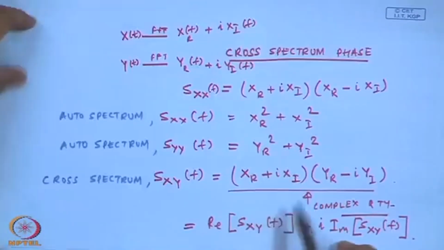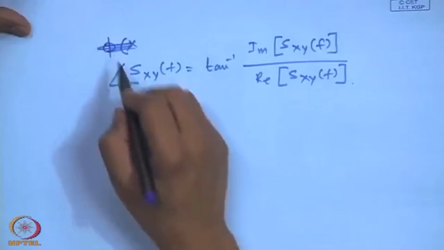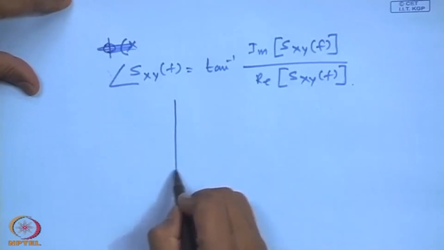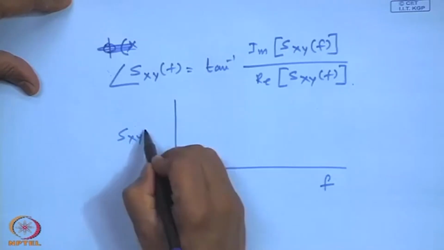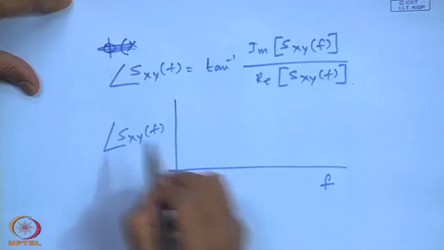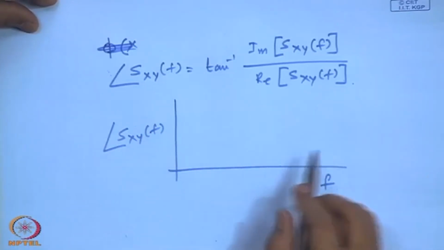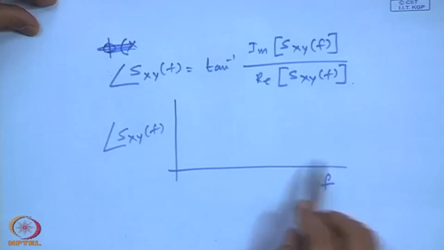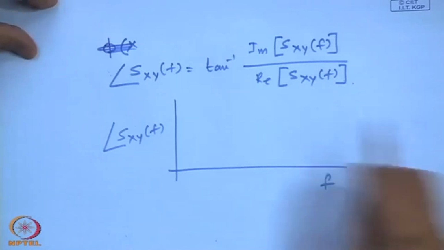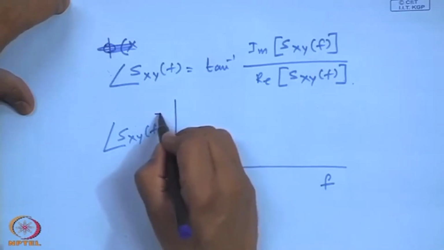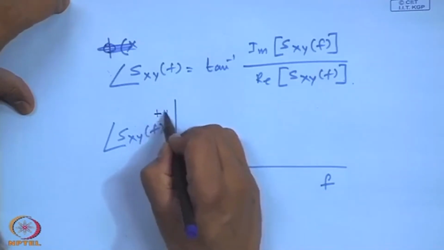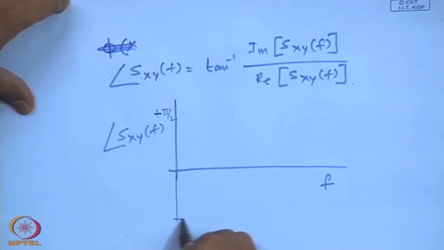And from this equation, if you multiply them, you can find out the real and imaginary parts. So, this phase angle, which is a function of frequency, will actually vary with time, and this will be from plus pi by 2 to minus pi by 2, okay.